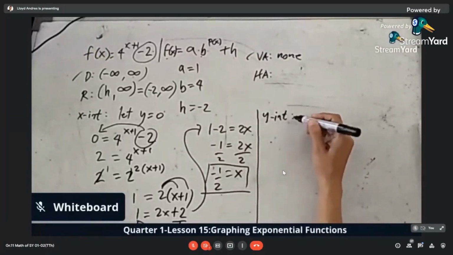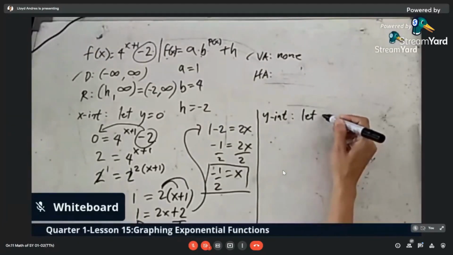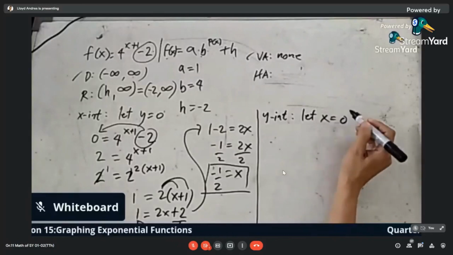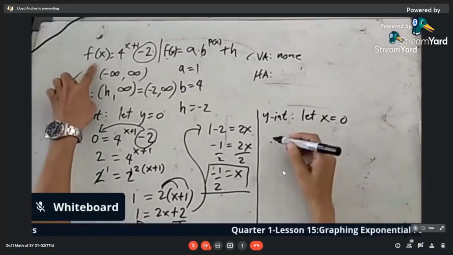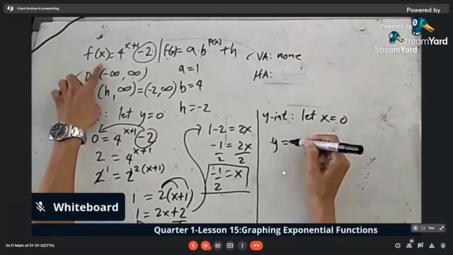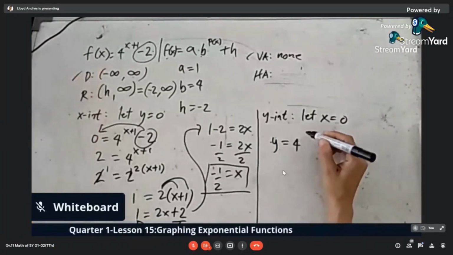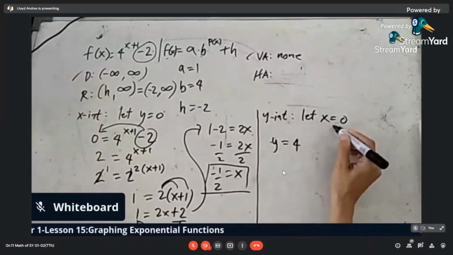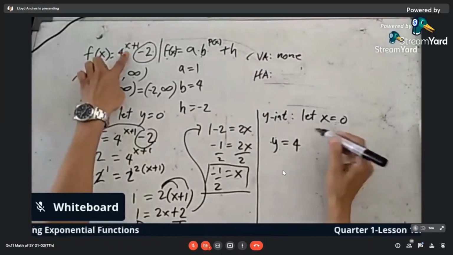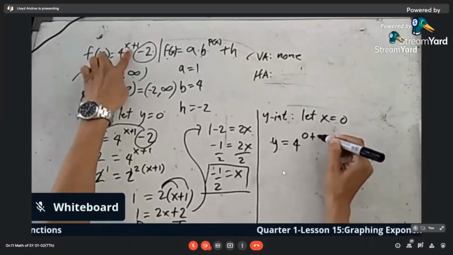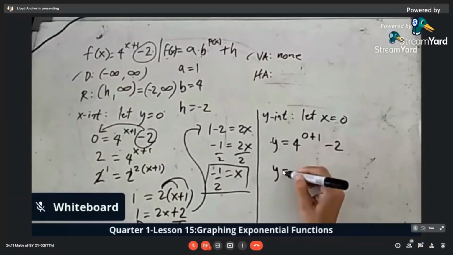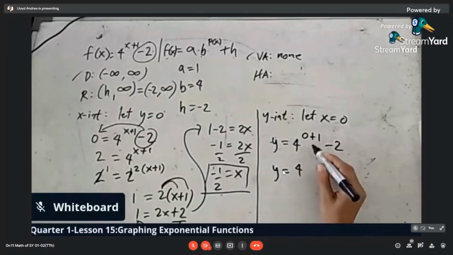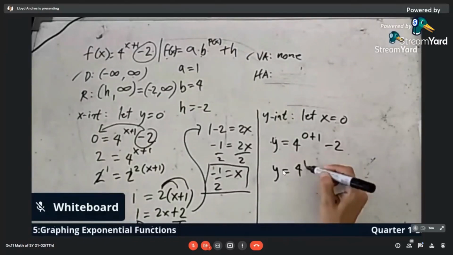For our y-intercept, we simply let x equals to 0. So from the original, this is actually y, ang f of x equals 4 to the x plus 1 minus 2. Ang x, ilisan nato og 0, plus 1, tapos minus 2. So we have 4 to the 0 plus 1, that's 1, minus 2.